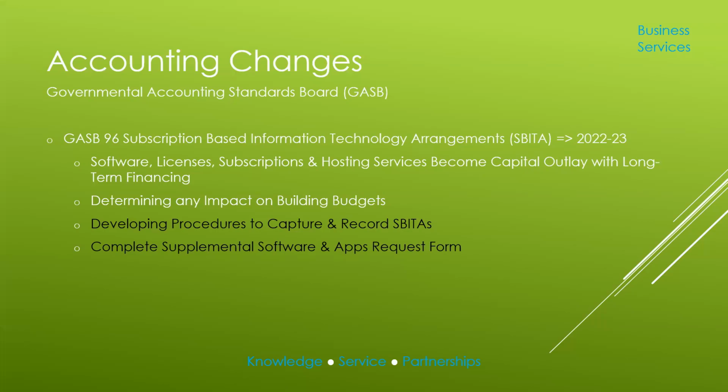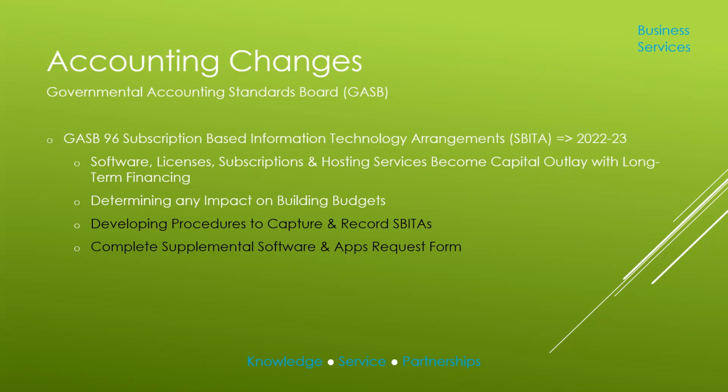In addition to GASB 87, we are also implementing GASB 96, which is subscription-based information technology arrangements, or SBITAs. So any software licenses, subscriptions, and hosting services that are greater than a year or likely to be renewed every year become capital outlay with long-term financing.